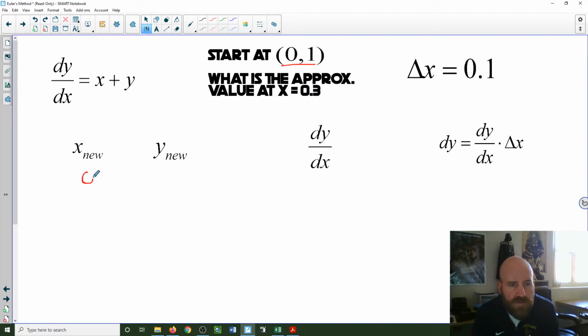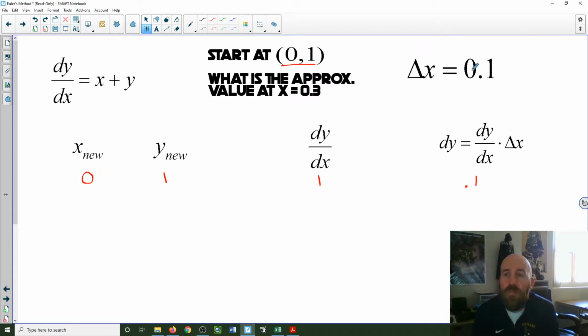So we start with our 0, 1, so our starting x and y. We're able to plug these into our differential. So 0 plus 1, that would just be a slope of 1. And now we're going to multiply our slope by our change in x. So our change in x is 0.1 times 1, which is 0.1. And then the next thing that we do is we take our x and we change it by our change in x.